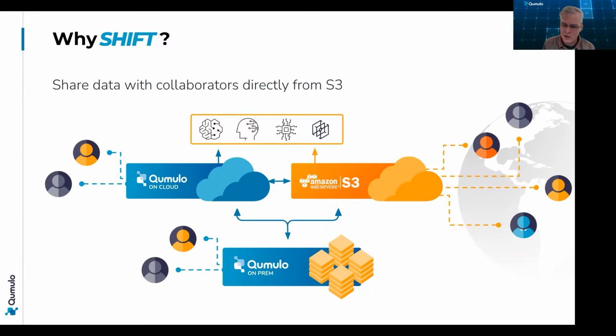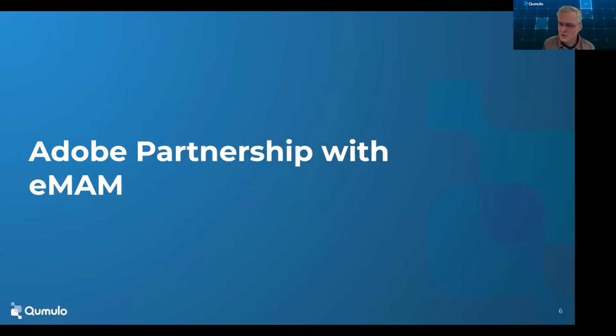And then obviously collaboration, that this opens up new ways to collaborate with both internal business units or B2B relationships with other media companies. So with that, I'm going to pass over to David Helmley, who will talk a little bit about the relationship with eMAM and Adobe and the integration points that have been established.